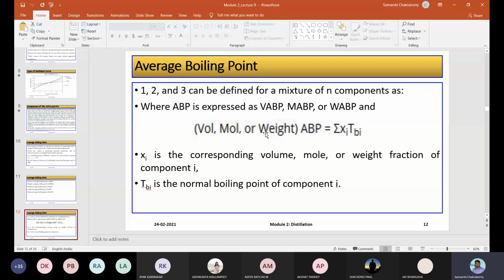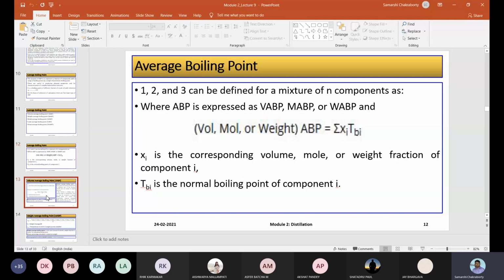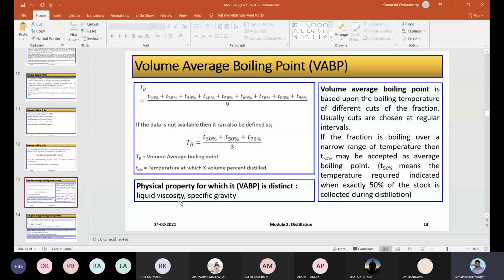Average boiling point, you pretty much understand, since the fraction has a variable boiling point range from a certain boiling point to a certain boiling point. That's why we need to categorize this particular crude oil fraction based on a single boiling point, so that it is easier for us to represent the data. For example, if I want to define my liquid viscosity and specific gravity, what type of boiling point should we calculate?